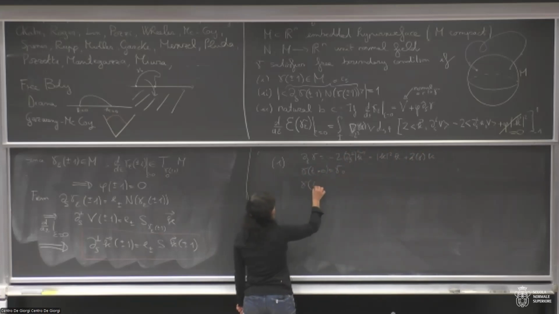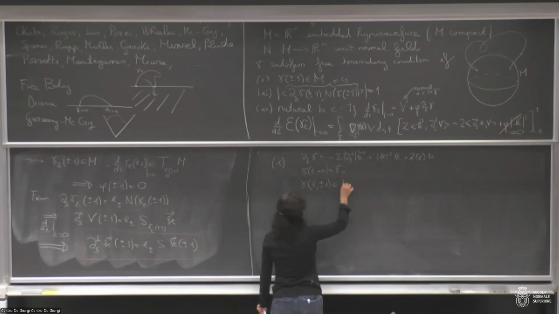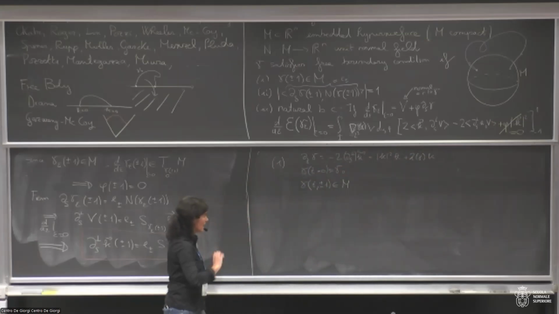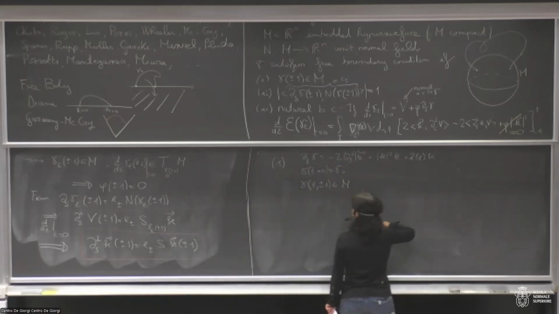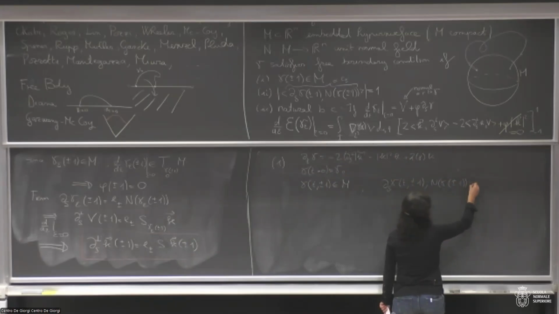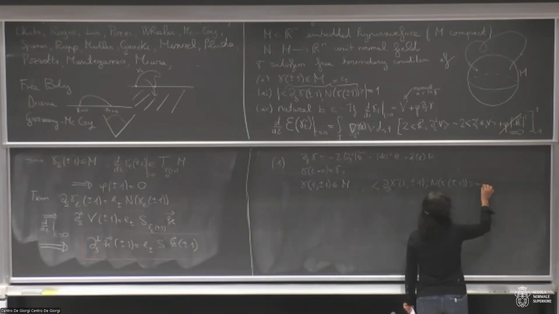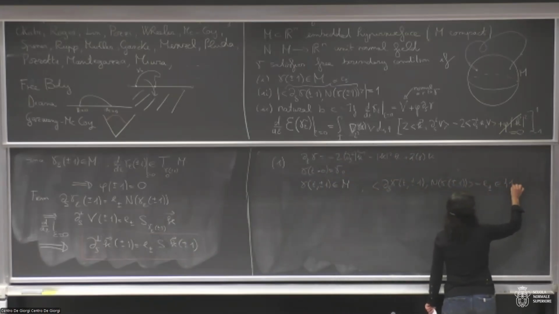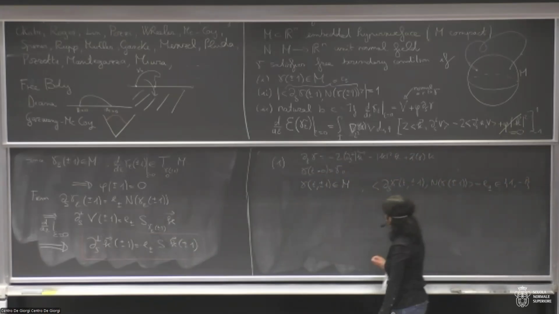And then we have the free boundary condition: the starting point and the end point need to be on the hypersurface. The tangential vector scalar product with the normal to the hypersurface is equal to either 1 or -1.